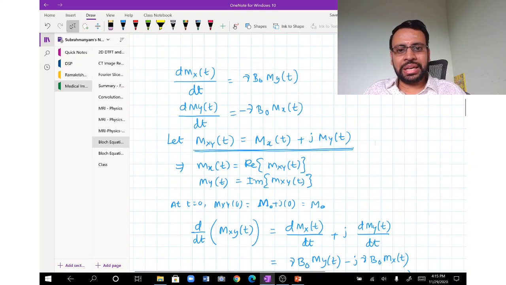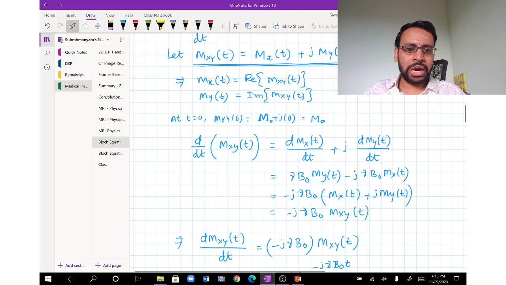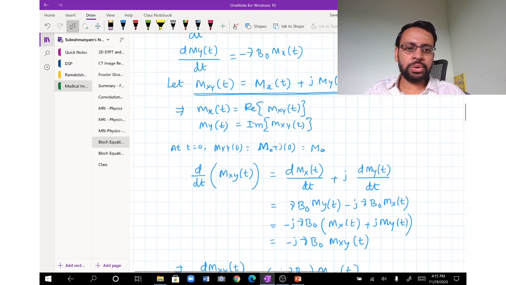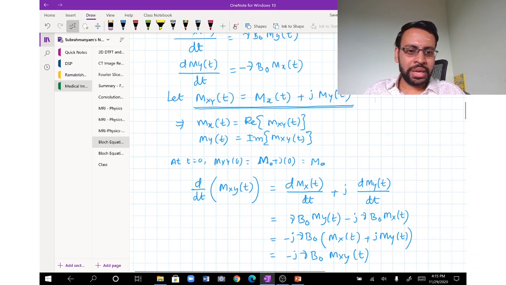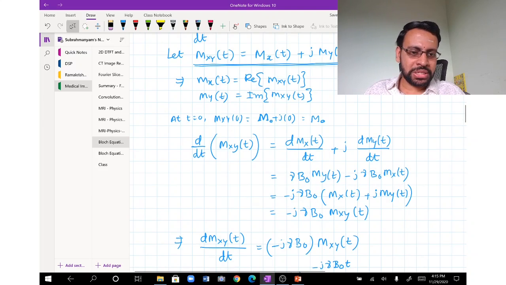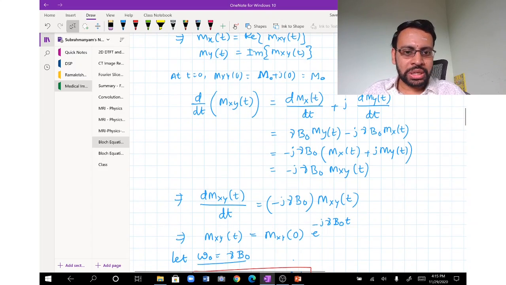So that's exactly what you are going to do here. That would give you gamma times B naught into my of t minus j times gamma times B naught mx of t. Again, you could notice here minus j times gamma B naught. If you take it out, please pause the video here and work it out in your notebooks, then this will be quite obvious to you.